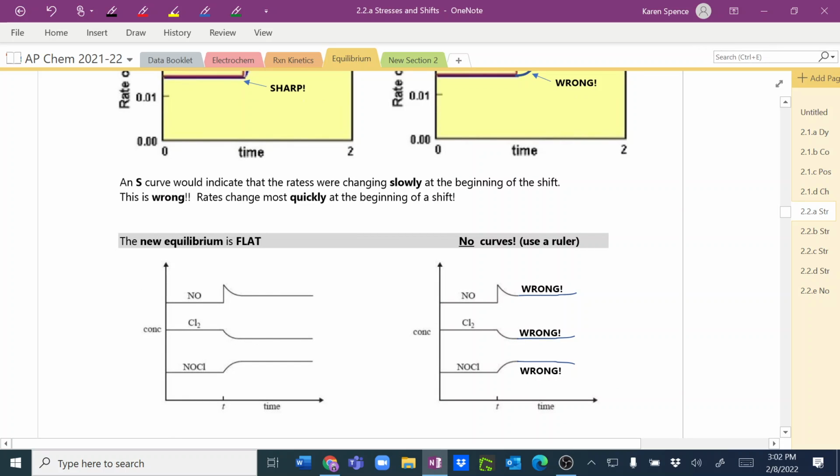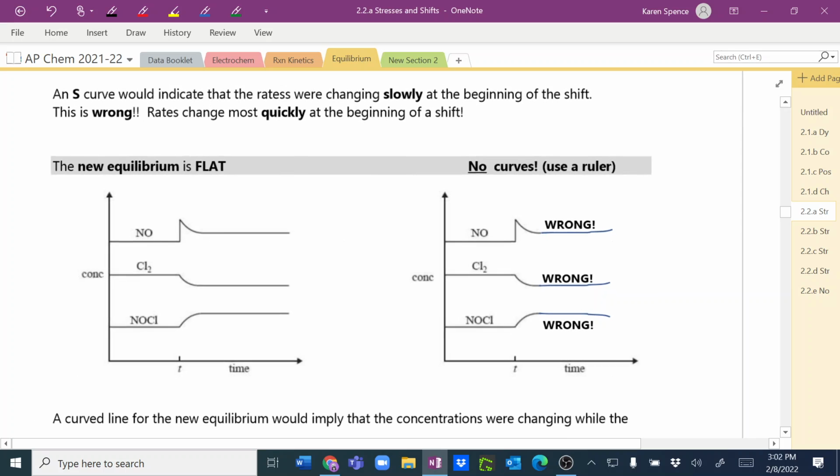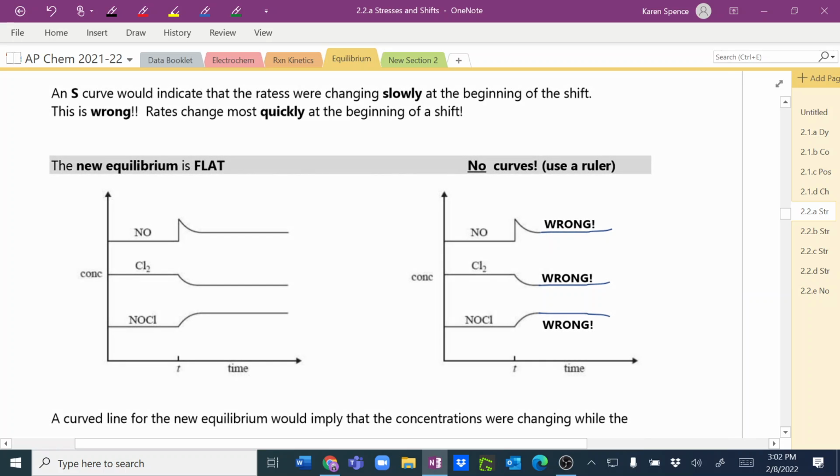Here's another place where students go wrong. They try to draw their graph and they don't use a ruler and they're not very good at drawing. I'm not very good at drawing, so I have a tendency to use a ruler. If you are good at making a flat line that does not go like this or like this, because those are not flat lines, then you would want to use a ruler when you draw a diagram to show the new concentration.